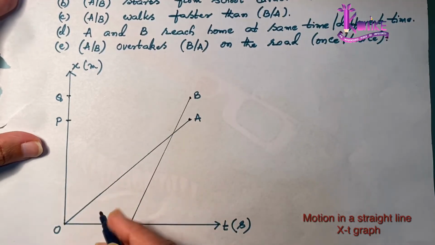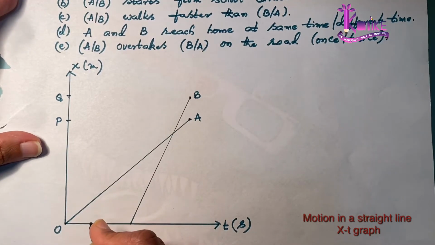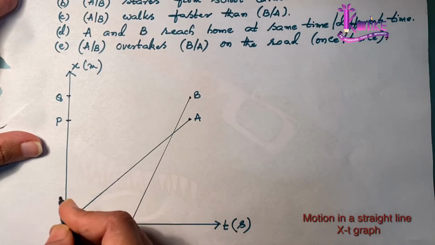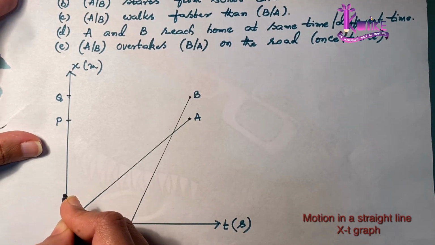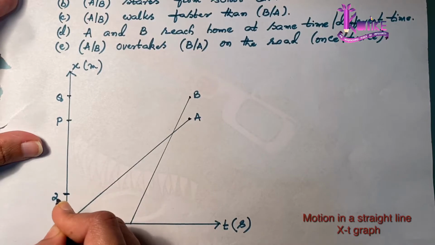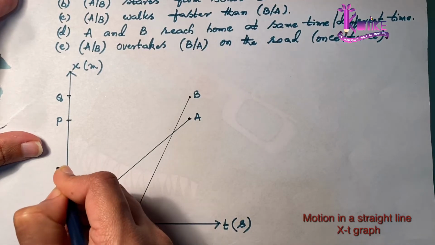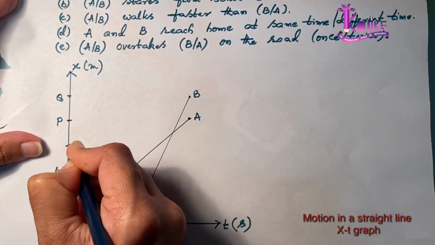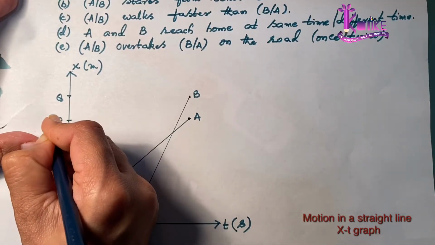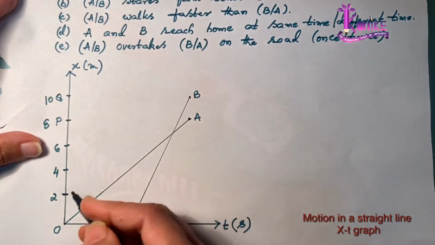Okay. Now, let me just graduate this graph first. For this, let me say this is 2 meters, this is 4, this is 6, let's say this is 8 and this is 10 meters.